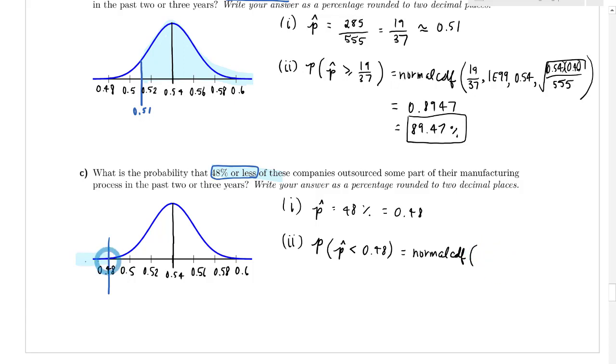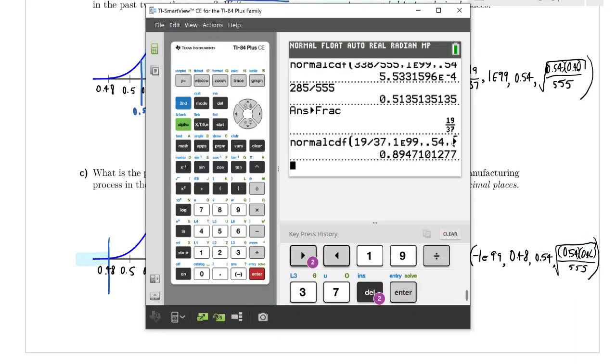It's a tail to the left, so negative 1E99, 0.48, and then the mean, 0.54, and then the standard deviation, right? 0.54 times 0.46 over 555. Square root, close it.